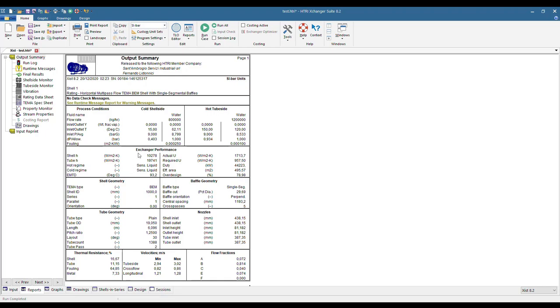For the shell side pressure drop, we have to see what's the situation, because if we leave these 5 cross passes unchanged, the resulting baffle pitch will be smaller, and therefore the pressure drops will be higher. But here we are very far from the limit. So the best thing is to reduce the tube length.